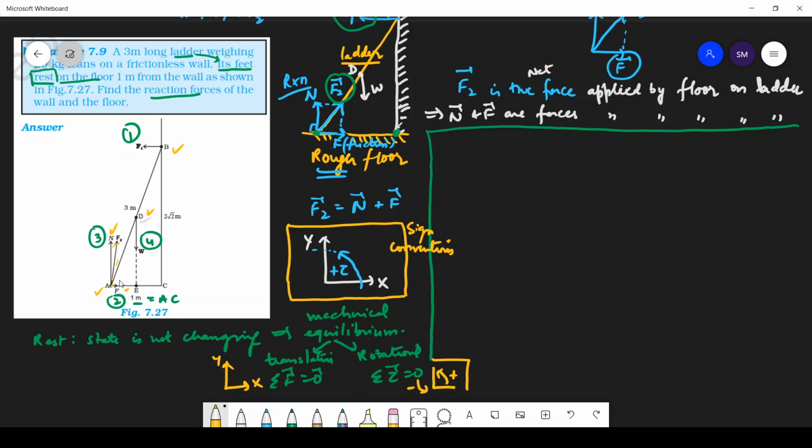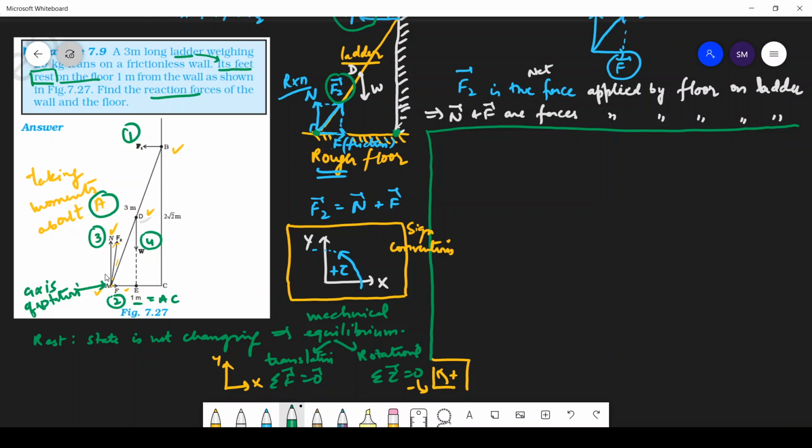So this is what you need to decide, taking moments about A. Now this A is your axis of rotation passing through it perpendicular to the plane.